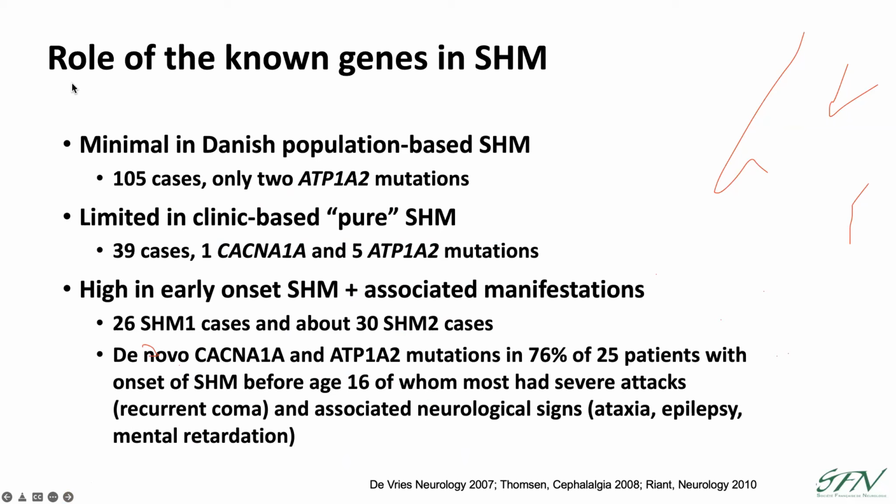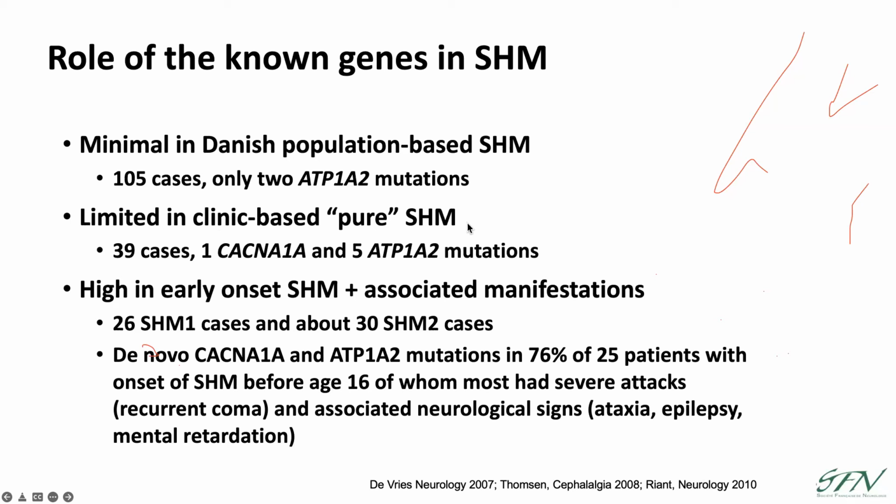So the role of the known genes in sporadic hemiplegic migraine was minimal in the Danish population-based cohort. They had about 100 cases and only 2 had ATP1A2 mutations and the other ones no identified mutations. The role of the known genes is limited in index cases affected by pure sporadic hemiplegic migraine.